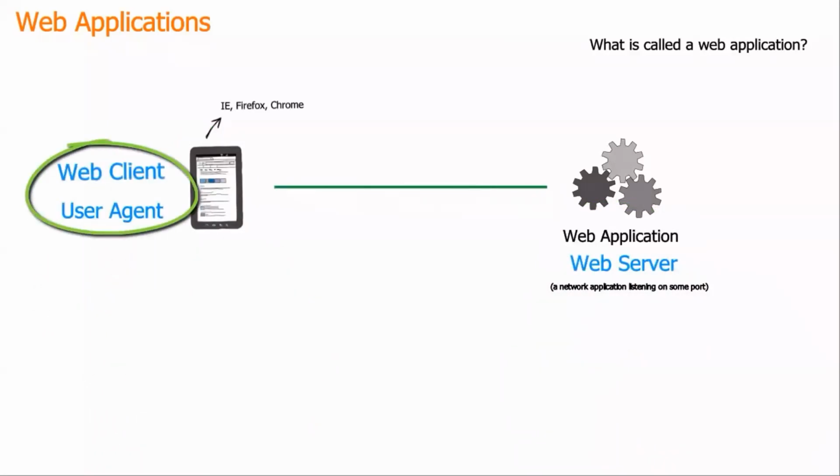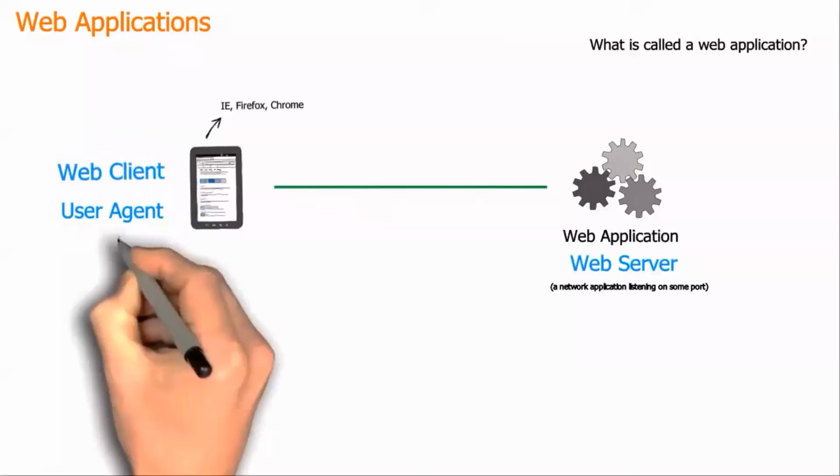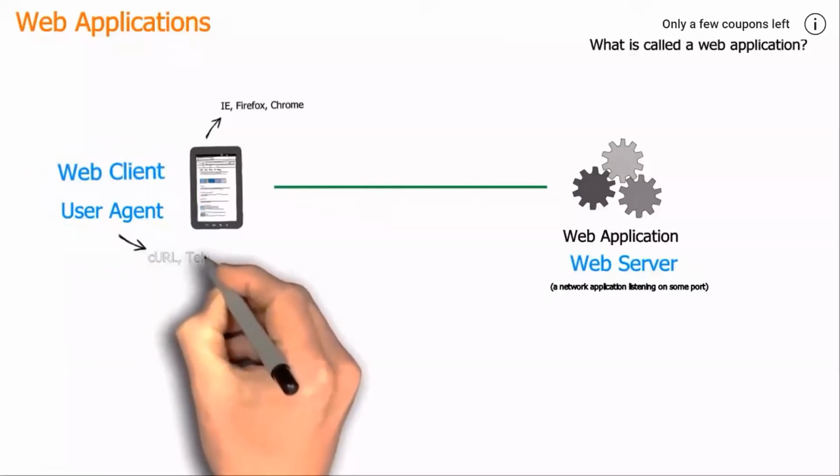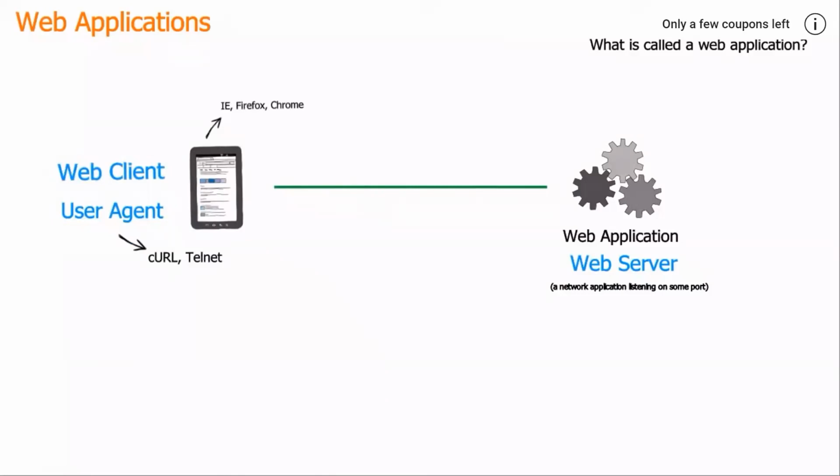And in fact, web clients are not only browsers, but any application which can speak to a web server, like your CURL or telnet; those are also web clients or user agents. So the web client or the user agent communicates with the web server to get its job done. And for this communication, and actually for any communication, both the parties need to use the same set of rules or grammar, which we call protocol in technical terms.